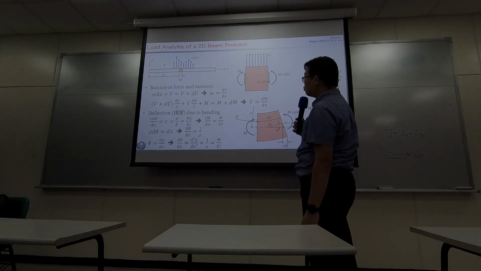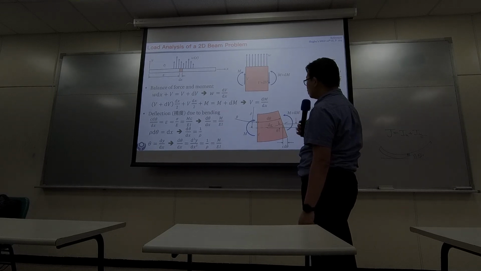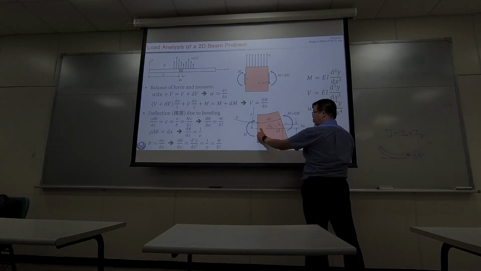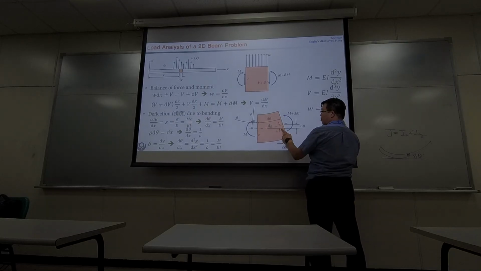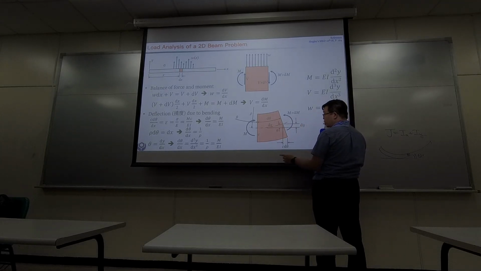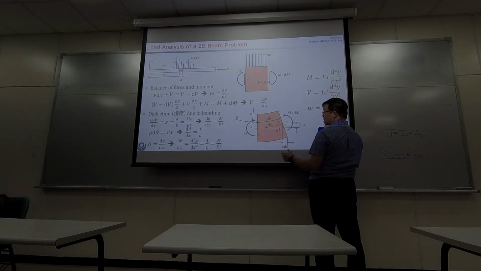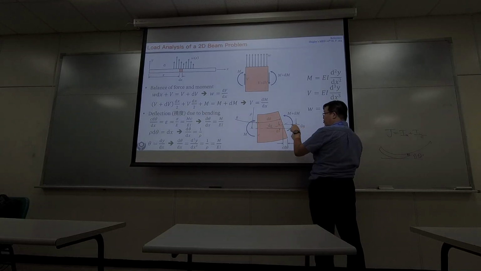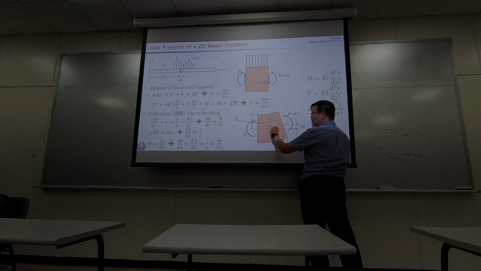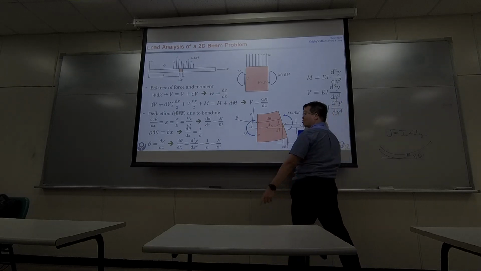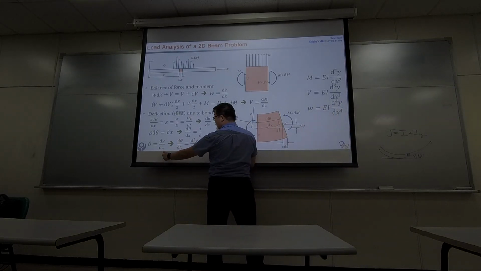So what we're going to do right now is study a tiny triangle right here. What is theta? Theta by itself in this geometry: tangent theta equals dy over dx. But because theta is very small, tangent theta equals theta. So theta now equals dy over dx.